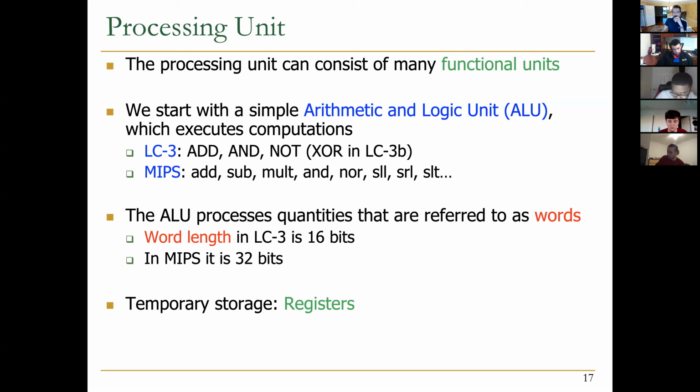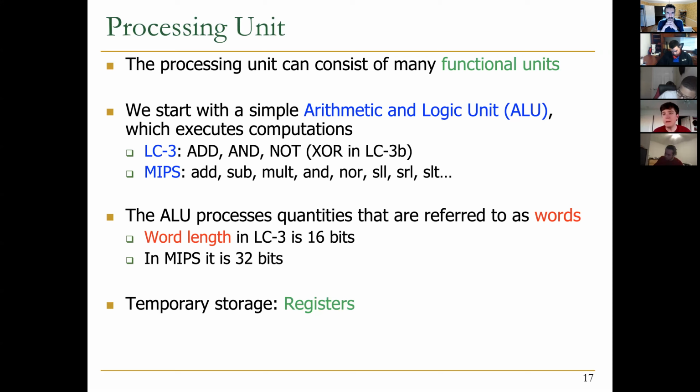And you also have some temporary storage, and this is also very important. These are particular registers that you need to have in the processing unit in order to manipulate the data.